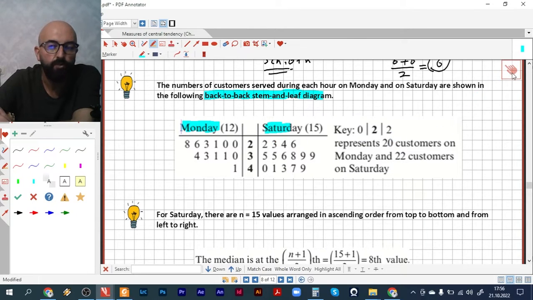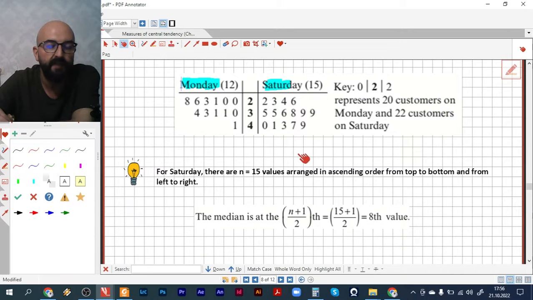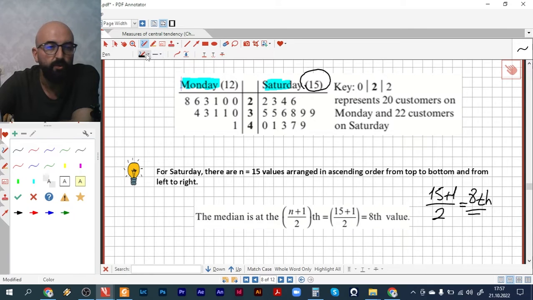If we want to find the median of Saturday's data, we have 15 data, so the median is 15 plus 1 over 2, so the 8th data. You can count the data.